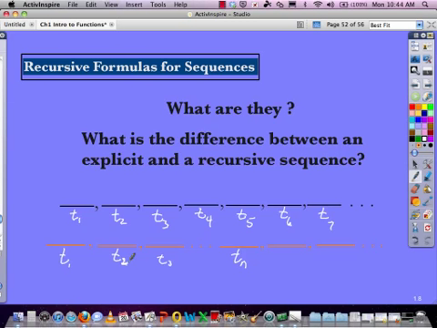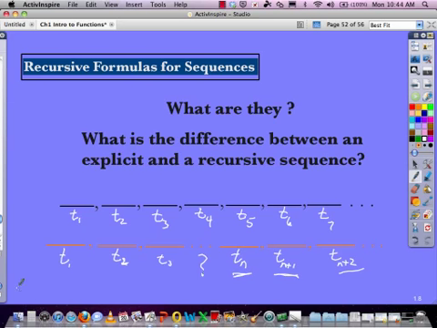So whatever number this is, the next one has to be 1 more, so it would be t sub n plus 1. And then continuing that pattern, t sub n plus 2. So you can name them all, you just can't tell me exactly that this one is the 10th term and this one's the 11th, because you have no idea how many terms were skipped in writing your sequence.